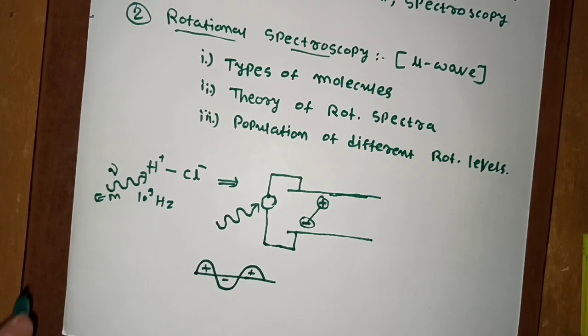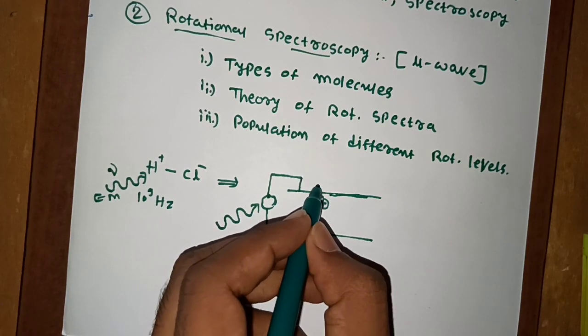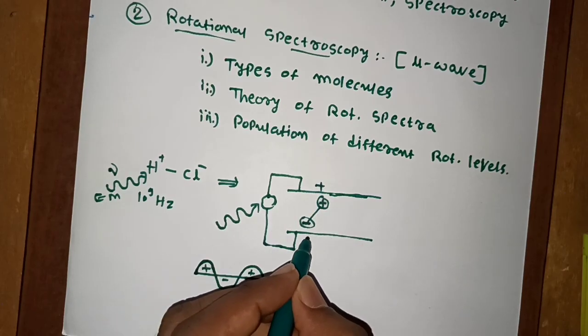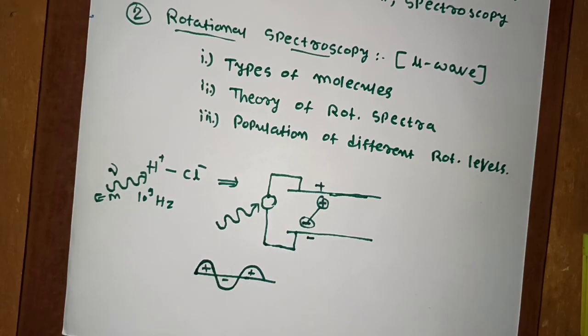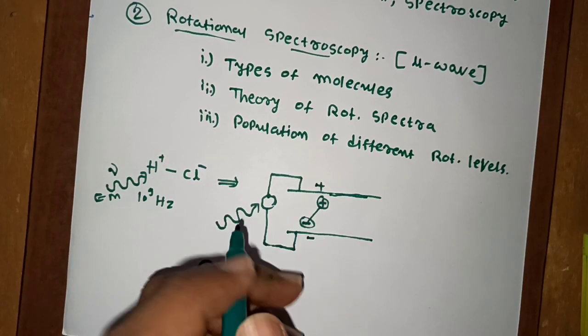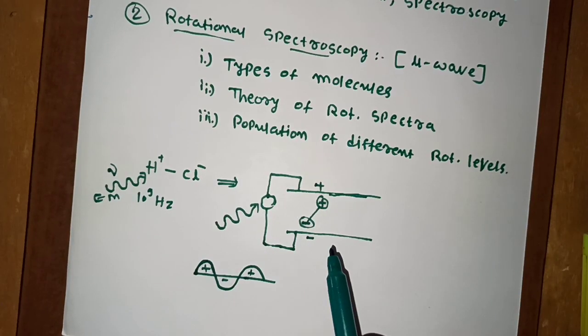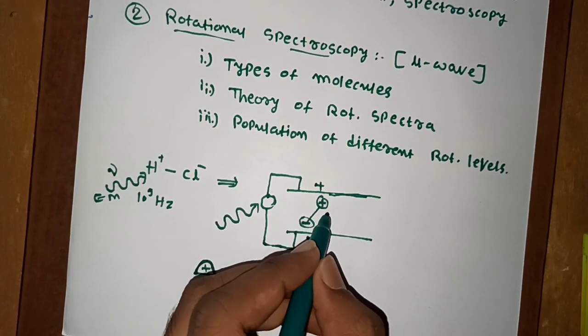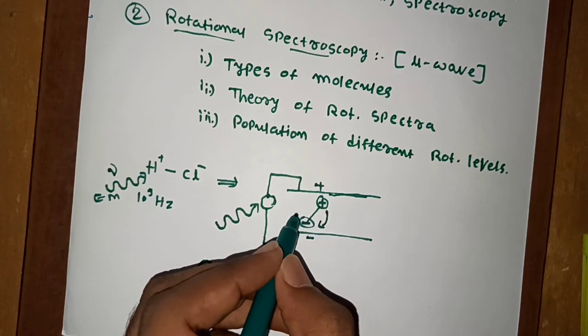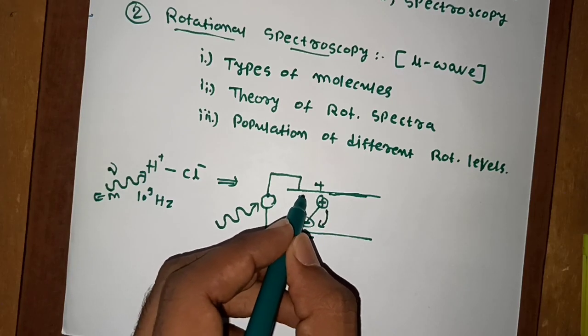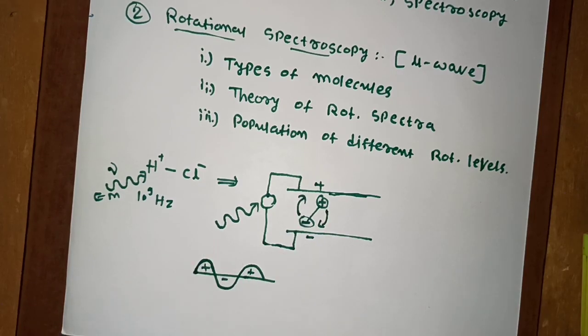In the positive cycle, the plus part is going here and the minus part is going here. The molecule has the plus sign on one end, so what will happen? It will repel. The plus end goes downward and the minus end goes upward. So one rotation is completed.